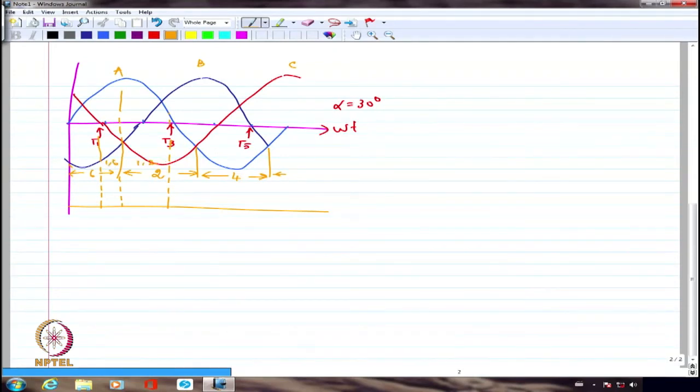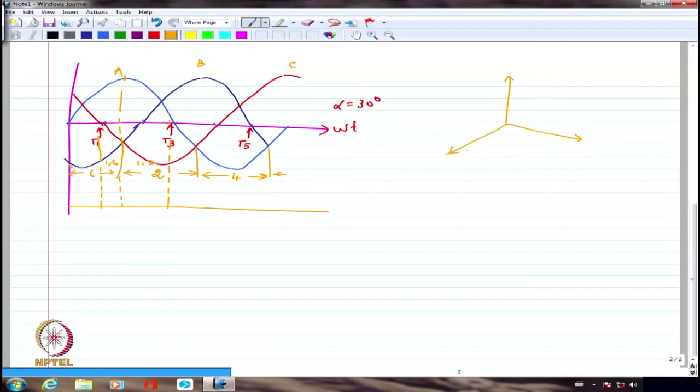Earlier also we talked about this. A phase zero crossing is here, A phase peak is here, and this point is 30 degrees ahead of A phase peak, which means that is the same as the AB peak, because VA and VAB are shifted from each other by 30 degrees and VAB is leading. Please recall the phasor diagram.